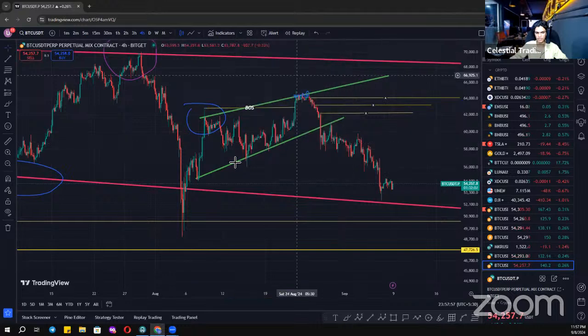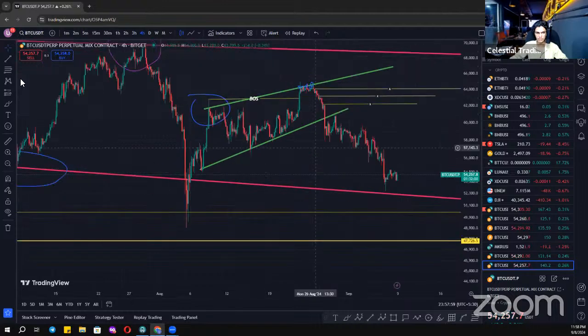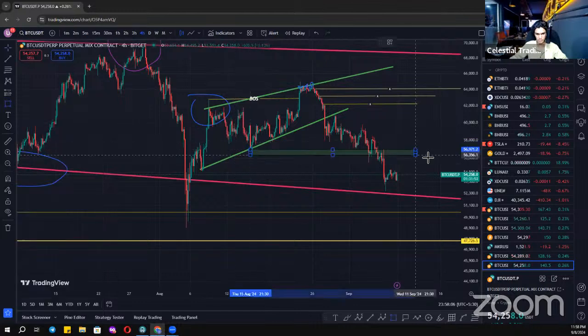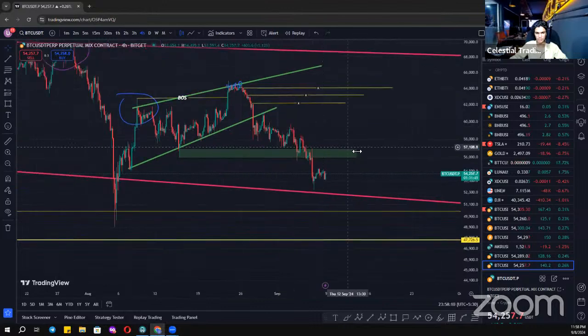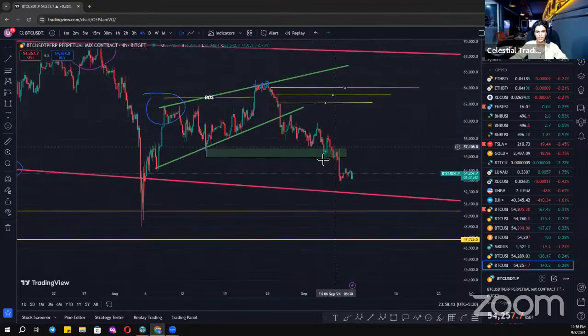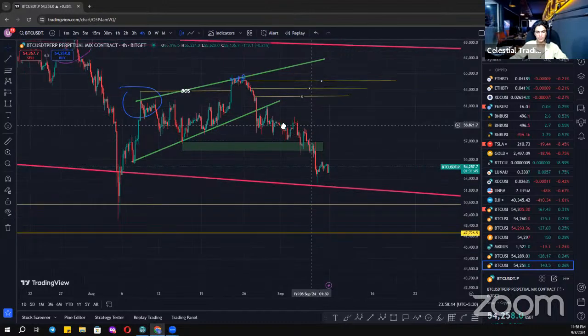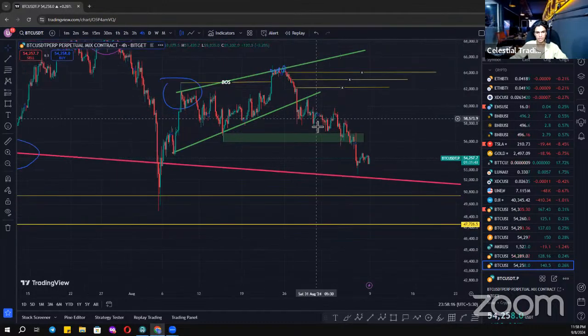Okay, and what happened was, those who got long orders here, their stop loss has been hit. Okay, all their stops have been hunted.